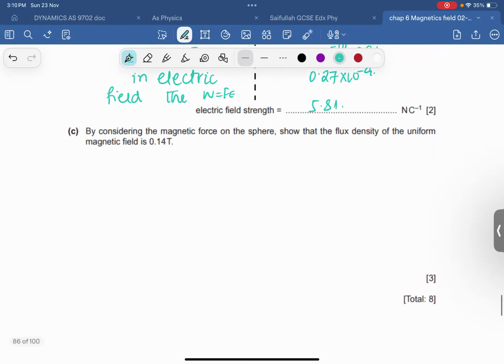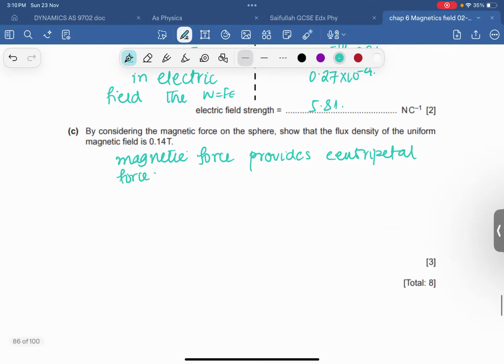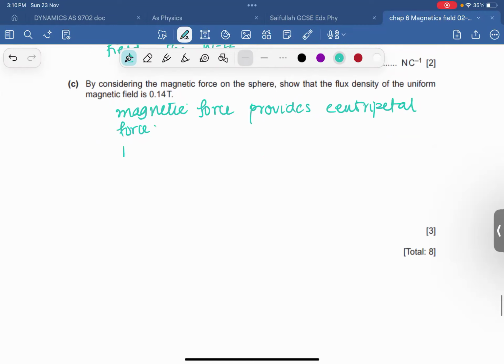If we say that the magnetic force provides centripetal force to the charged particle, we can say that FB is equal to BQv and FC is equal to mv square over r.